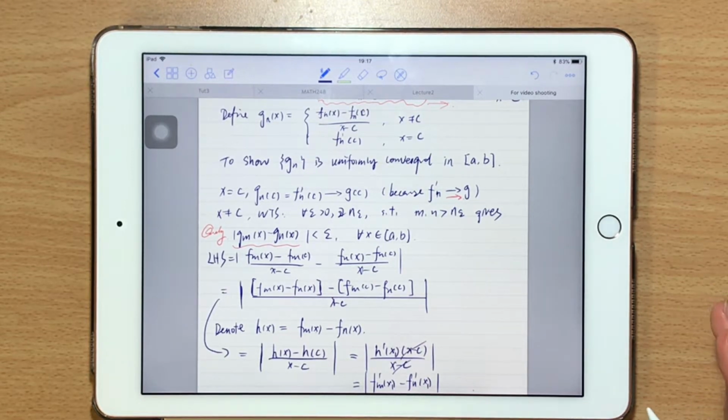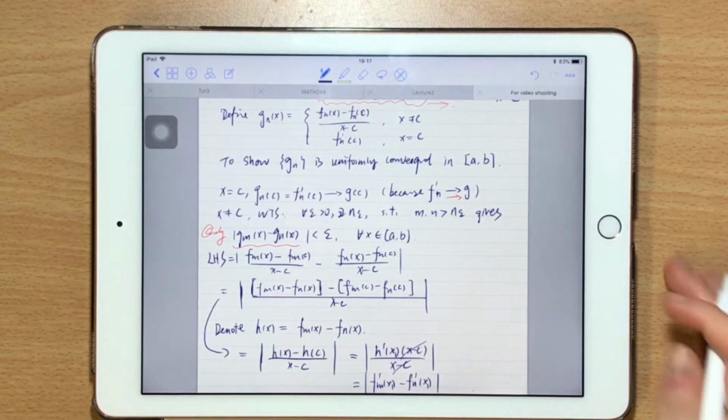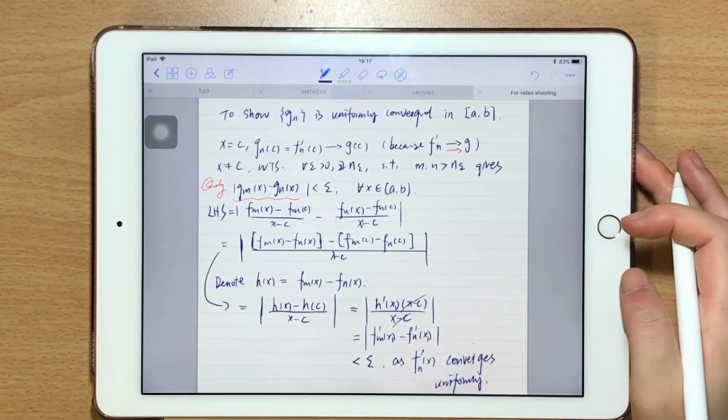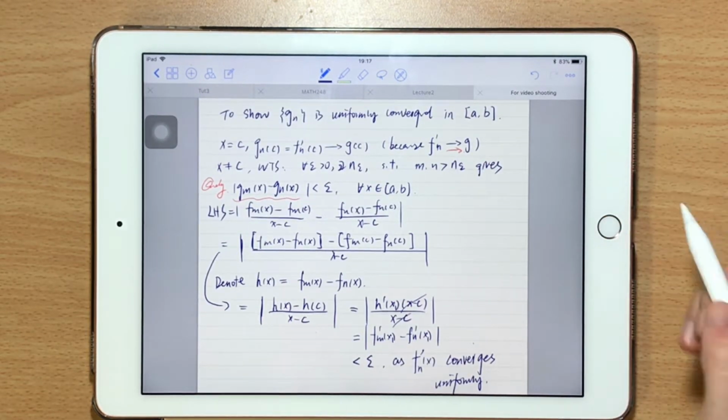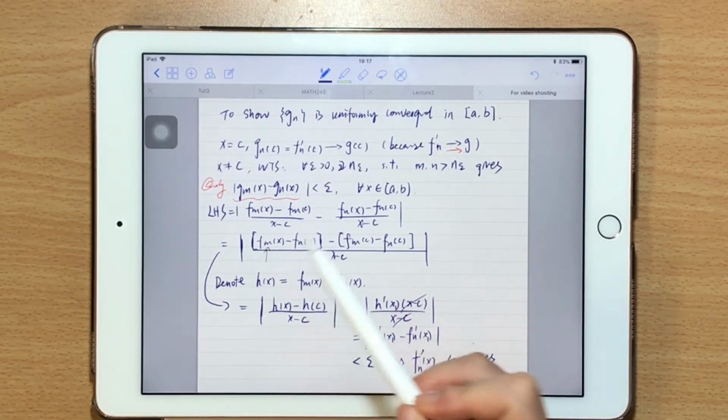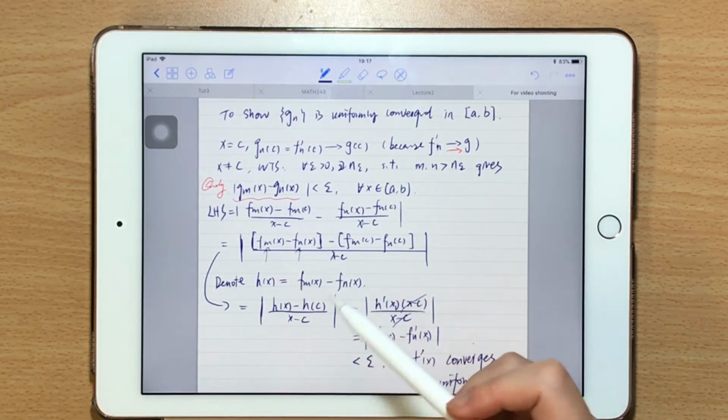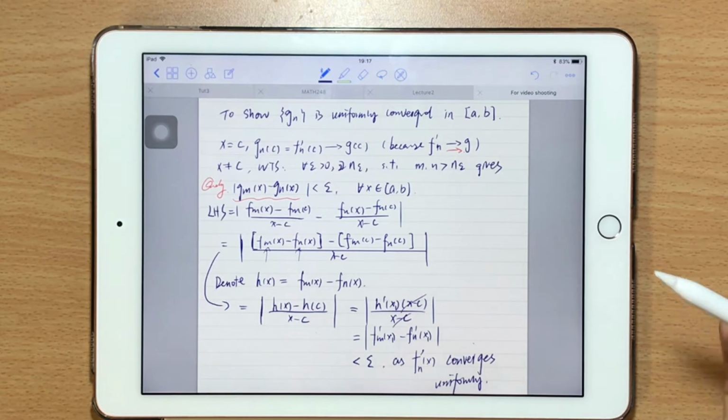Then we rearrange the order of the terms, and we get f_m(x) minus f_n(x), term 1, minus term 2, f_m(c) minus f_n(c). You see the similar pattern, f_m of something minus f_n of something.